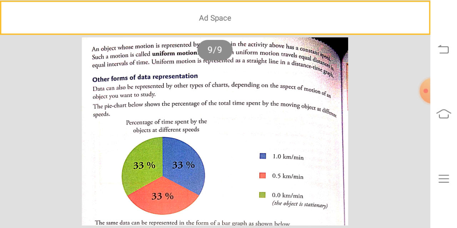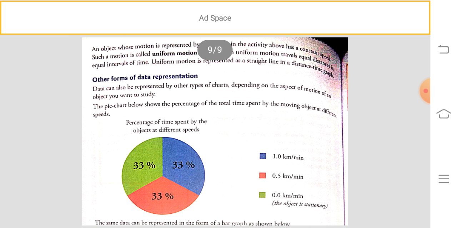Okay. So one mode to represent the speed is the distance time graph, and the other means to represent the speed is the pie chart, or we say circle chart. Pie chart is another form to represent speed.